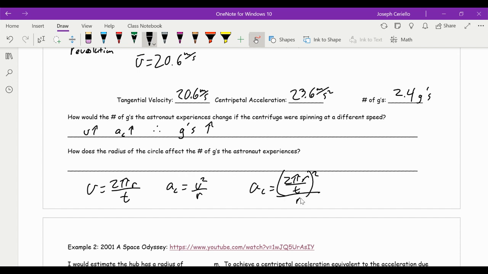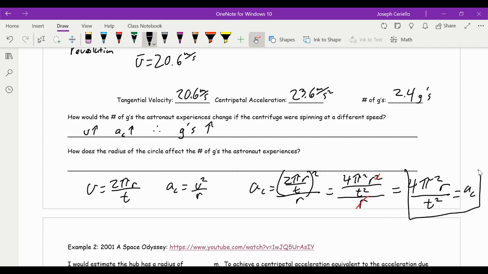All over r. When I square the top, I get 4 pi squared r squared over T squared, all over r. That simplifies a little bit. This r cancels with this r. And what you get is 4 pi squared r over T squared equals a_c.